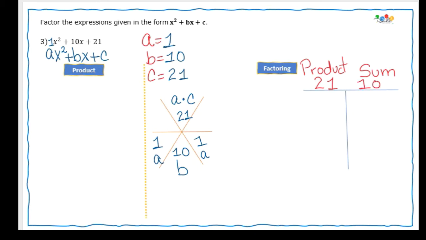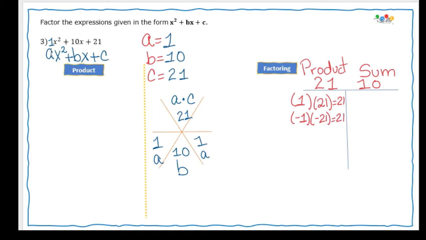So let's start with the first factors. If you recall, I need to get a positive 21. So let's start with a basic one, which I always start with, 1. 1 times 21, I do get 21. But you also need to remember that a negative 1 times a negative 21 will still give you a positive 21.